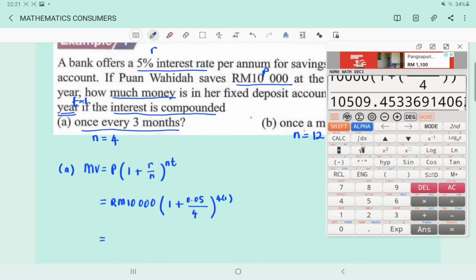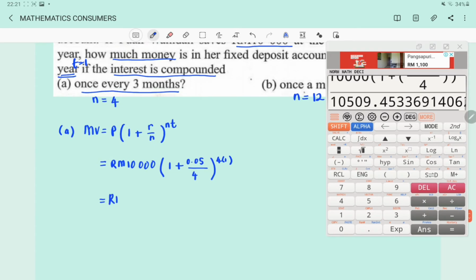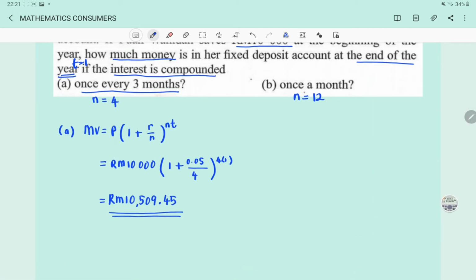So the answer is RM 10,509.45. This one is the total of saving if the interest is compounded every 3 months.